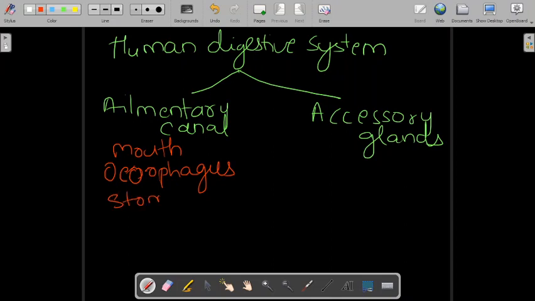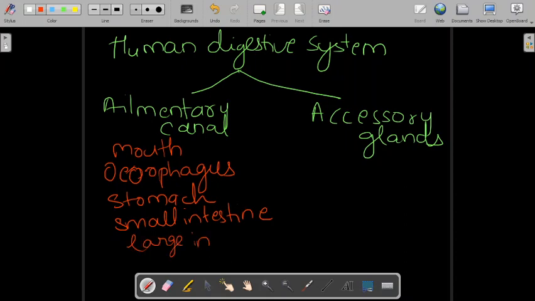Stomach, small intestine, large intestine, rectum, and the last part you have is the anus.